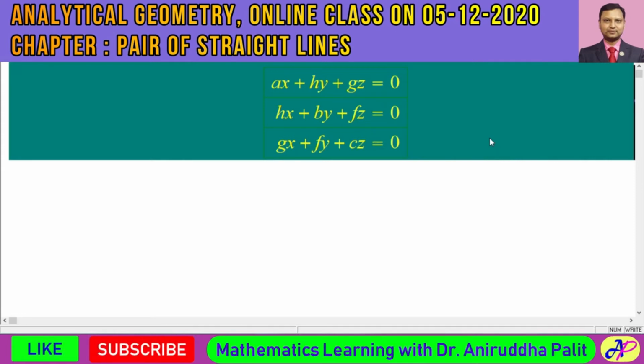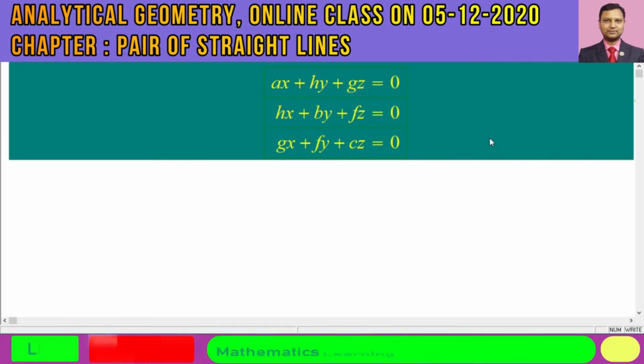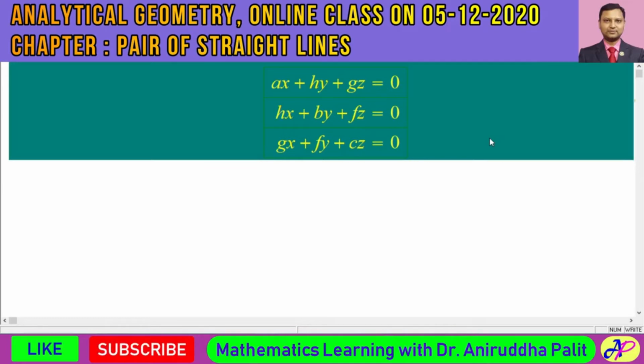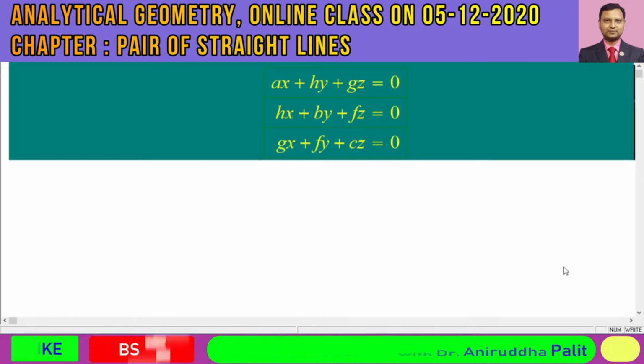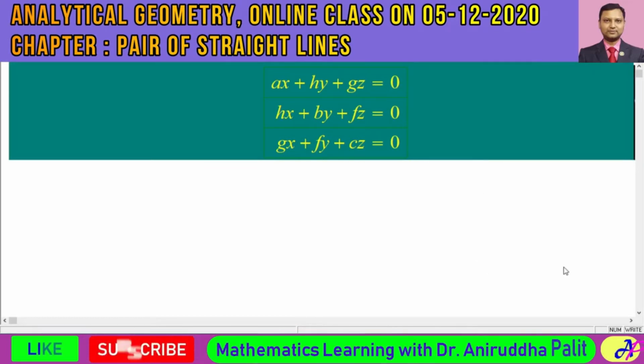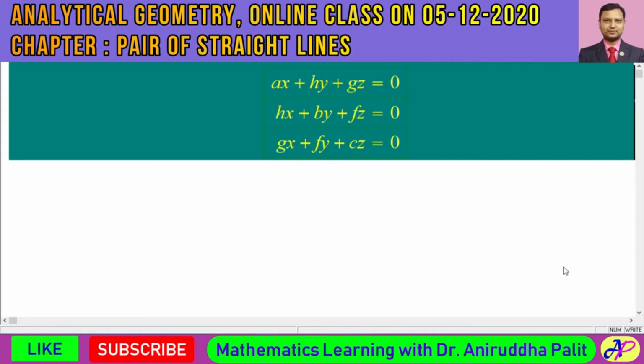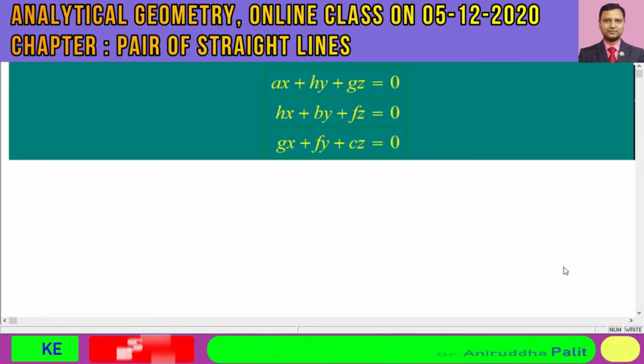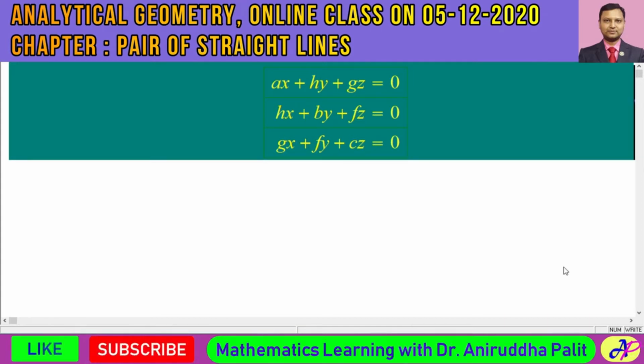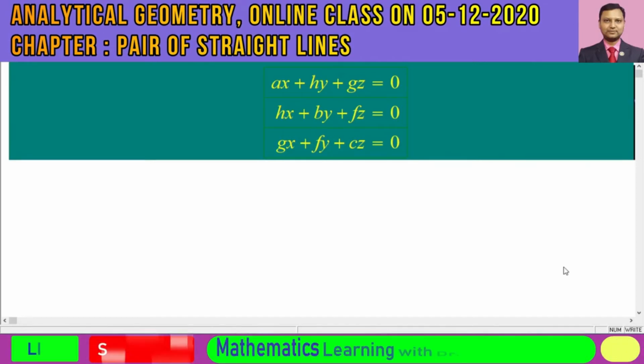But this equation has a speciality: it may have, not always, some non-zero solution as well. Non-zero means there may be certain non-zero values of x, y, and z satisfying these three equations.